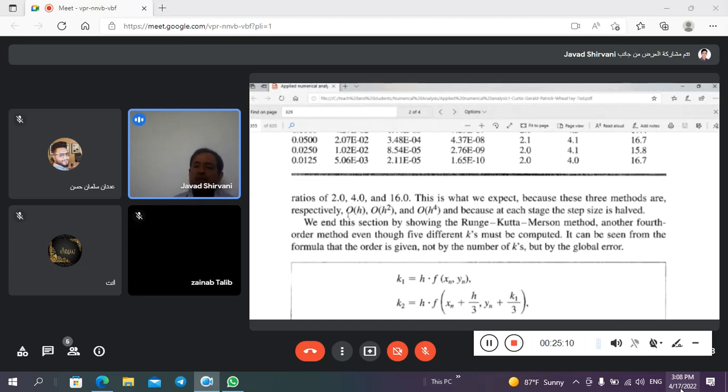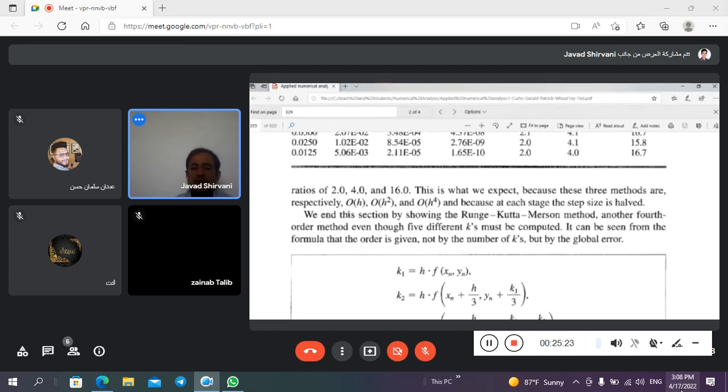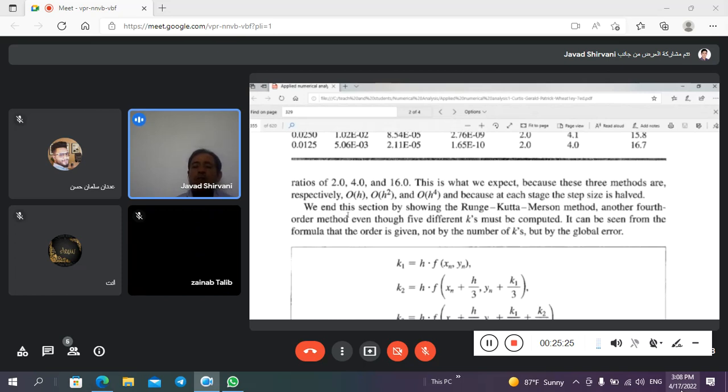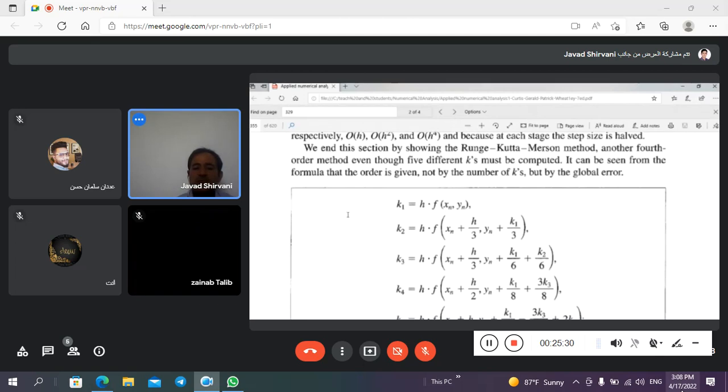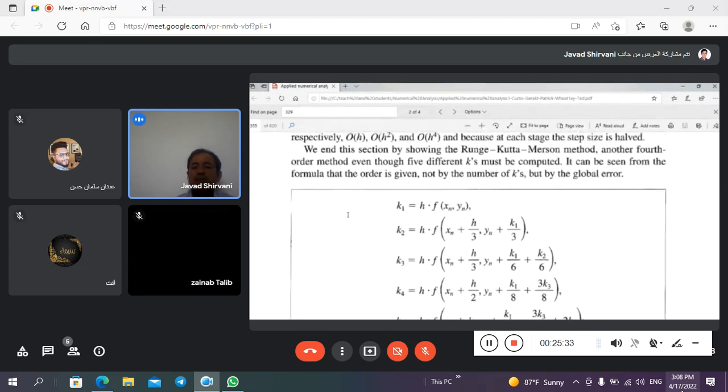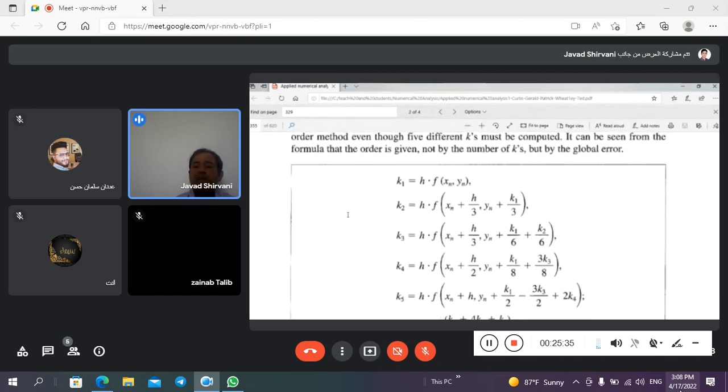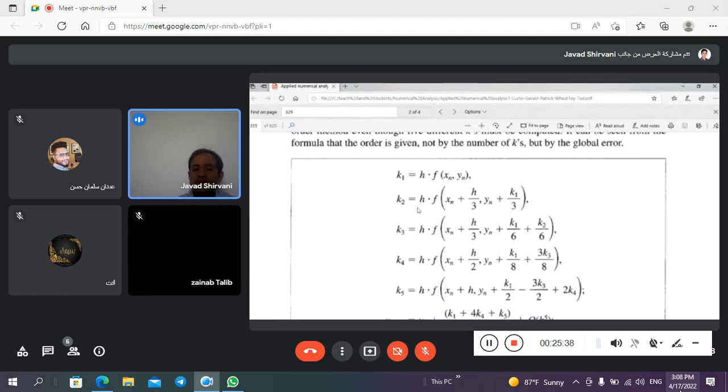We have another method of the Runge-Kutta family, called the Runge-Kutta-Merson method. In the Runge-Kutta-Merson method, we compute the values of k, for example the 5 k's, with k1 being the same as the k in the last formulas.